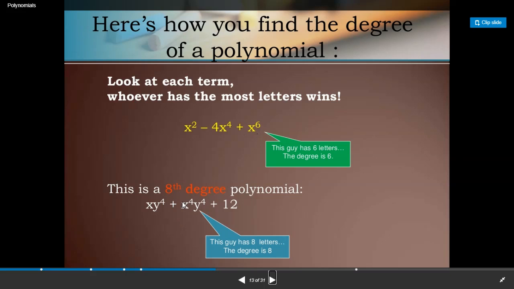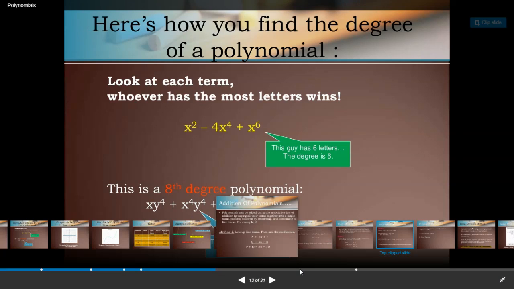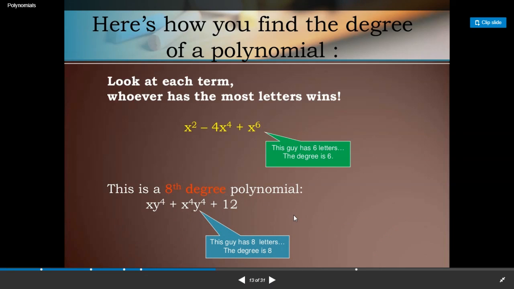And here x has a power 1 and y has the power 4, so 4 plus 1 is 5. Here 4 plus 4 is 8, and this is a constant. So the highest degree is in the second term, so this is an 8th degree polynomial. In this way we find the degree of the polynomial.